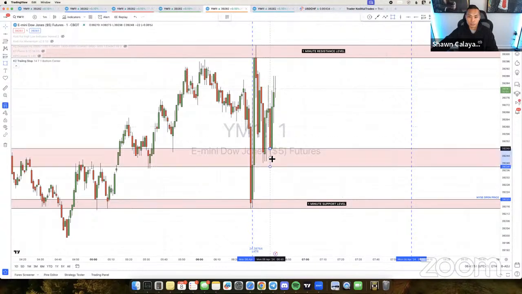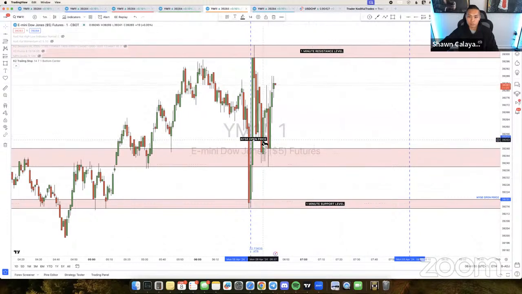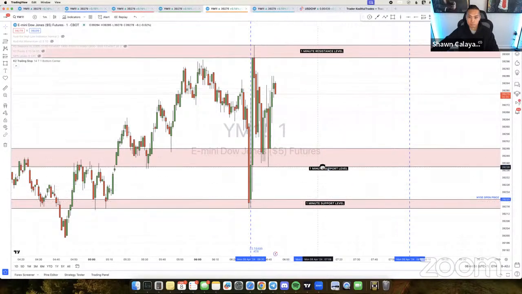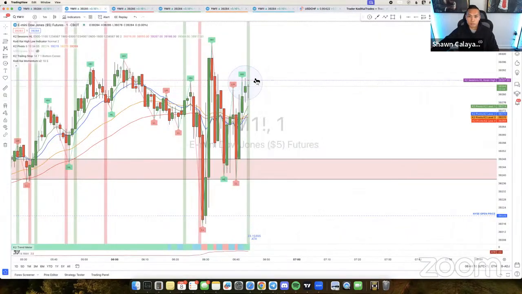There's actually another support right here, another 1 minute support. All right, so we got another pending signal, but you guys can see where it's having trouble getting past the sessions. So we got the buy signal right there again.